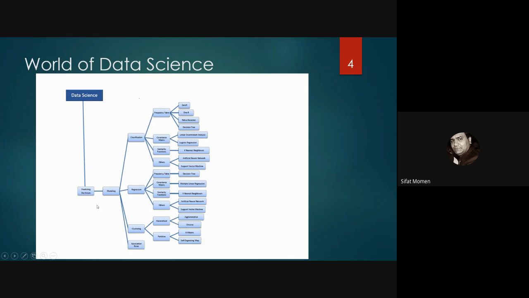Basically, depending on the data that you have, you can do classification, regression or clustering. Classification and regression are supervised learning. Clustering is a technique you use in unsupervised learning. Association rules are something we're going to look at later on, so don't worry about it right now.